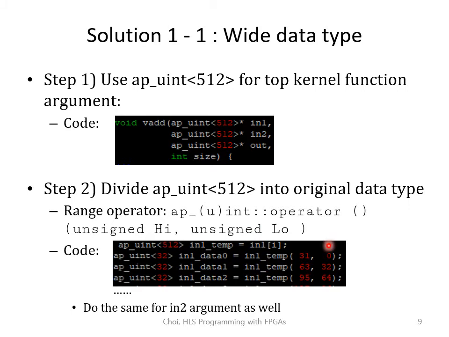So if you look at this code, you can see that you first fetch data from in1 and extract the first unsigned int by selecting the range from bits 31 to 0, right? The second element can be extracted from the bits 63 to 32, right? And so on. And you can also do the same for the in2 argument as well.